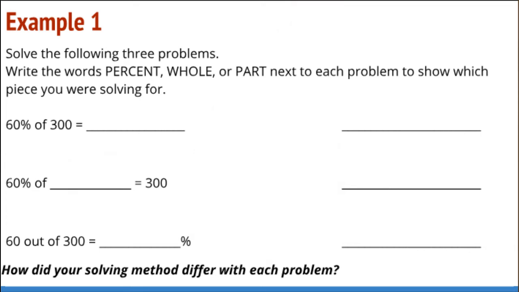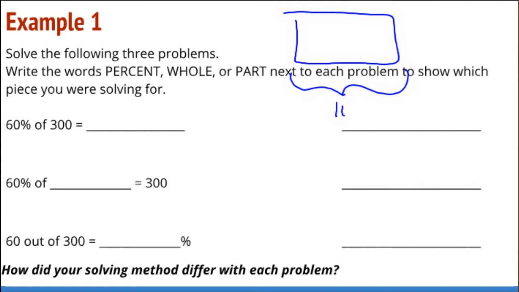All right, looking at the last one, and we've got 60 out of 300 is a percent. So thinking of my tape diagram here, I know that 100% is the total. It's the everything. And as I look at this problem, I see that I've got a 300 here for the total, because I'm looking for 60 of the 300.